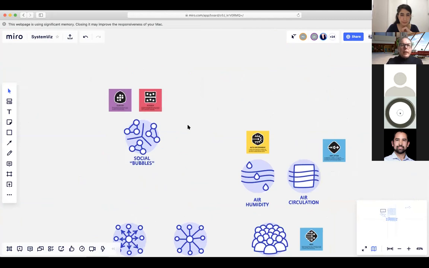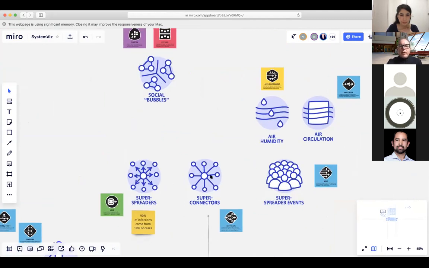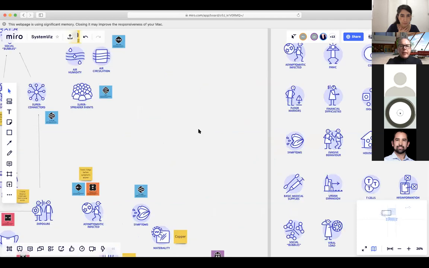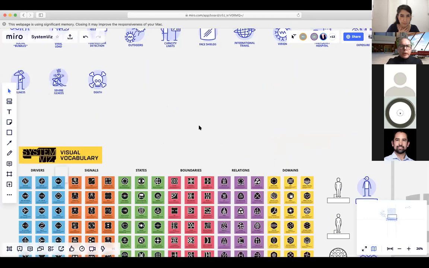And the benefit of this is that it prevents these super spreaders or these super connectors from crossing these boundaries. So we're starting to build some barriers between some of these super connectors and the rest of the population. We're preventing them from being quite as effective networkers.